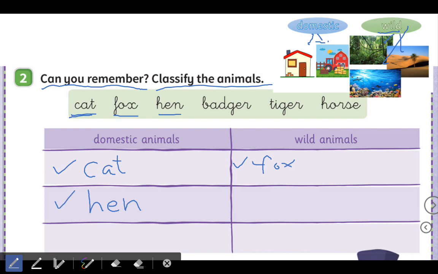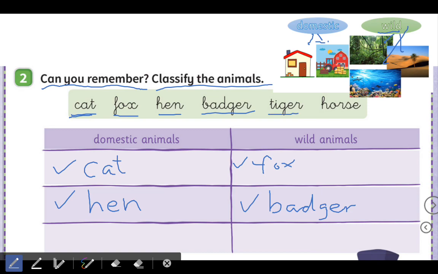So tick it if you have it correct. What about a badger? Is it domestic or wild animal? It's a wild animal. A badger doesn't live in a house or in a farm. And tick it. Sorry for my handwriting.